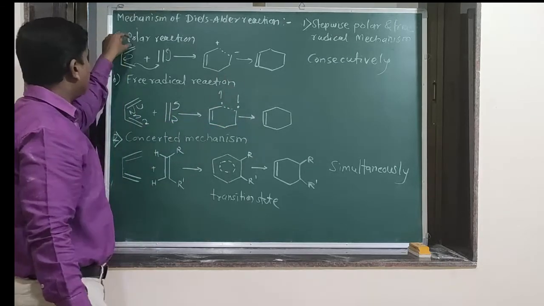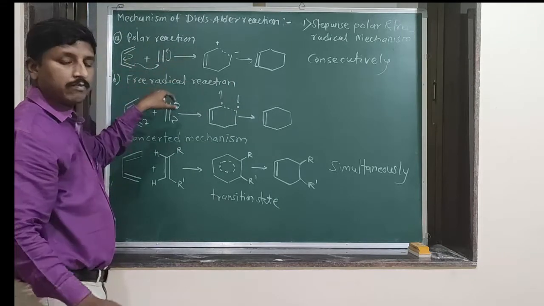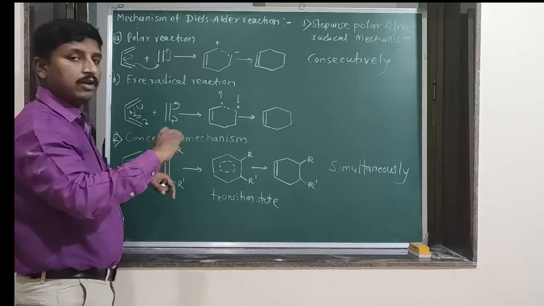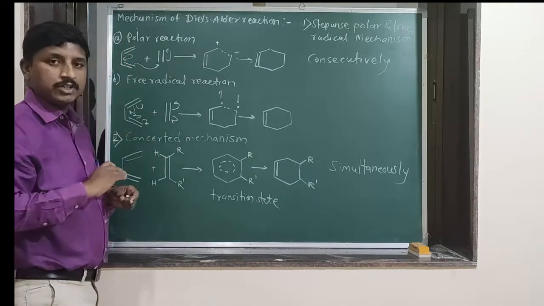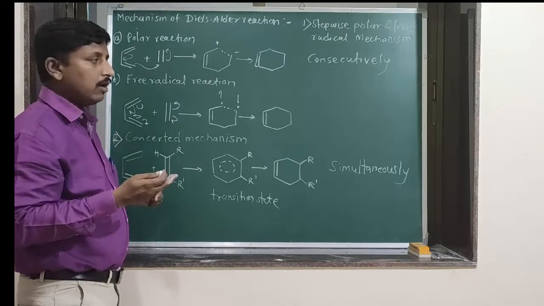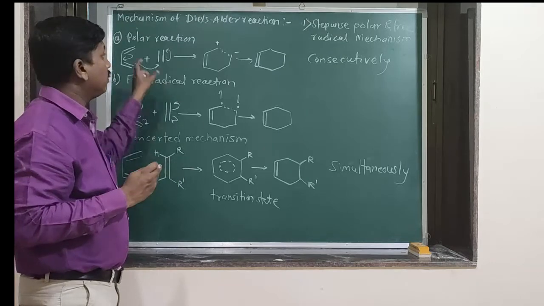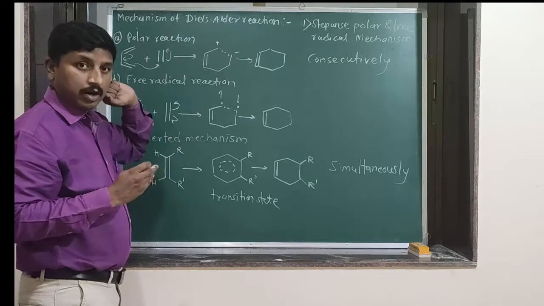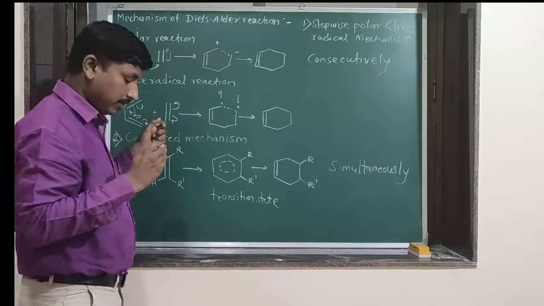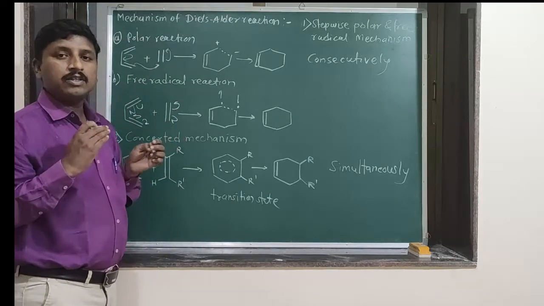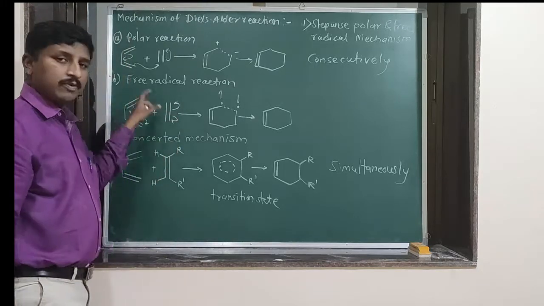That means in the polar and free radical mechanism, one bond is formed followed by another bond, so the bond formation takes place consecutively. The second important point is the formation of a zwitterion or diradical, that means this mechanism proceeds through an intermediate. So, not so important.